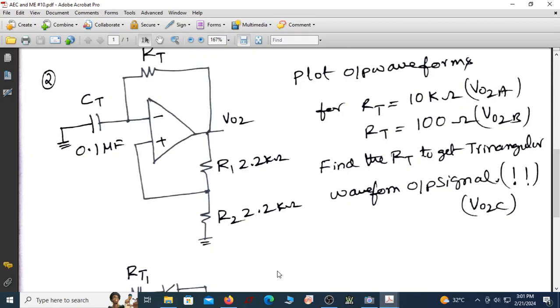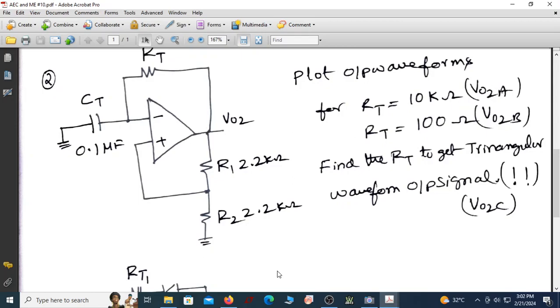So let me write the circuit now here. This is the circuit I have. This is my capacitor. Assuming the opamp is ideal, we are just trying to write the output waveform for this square wave generator.